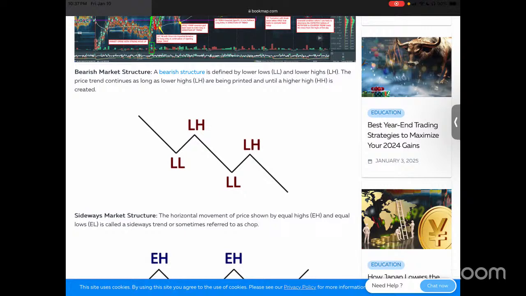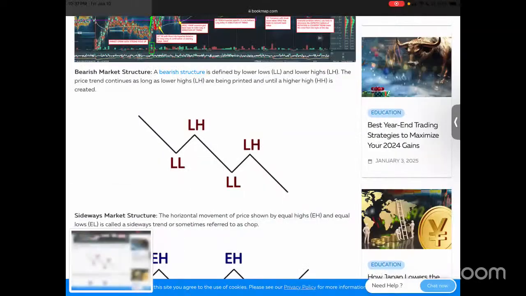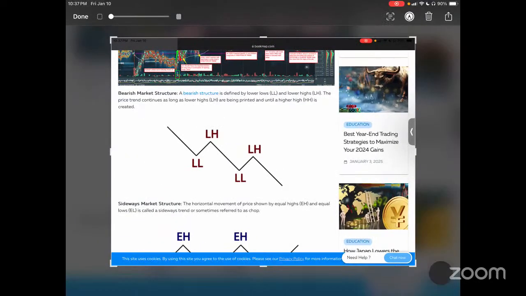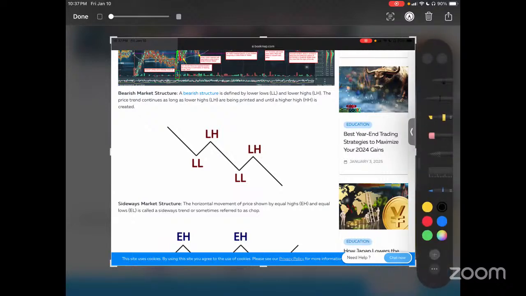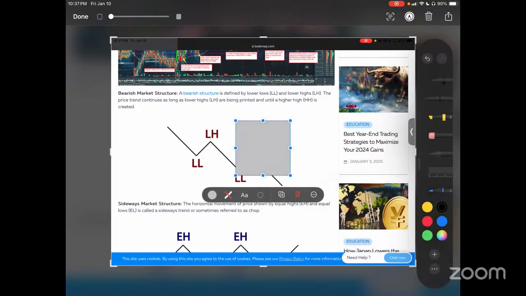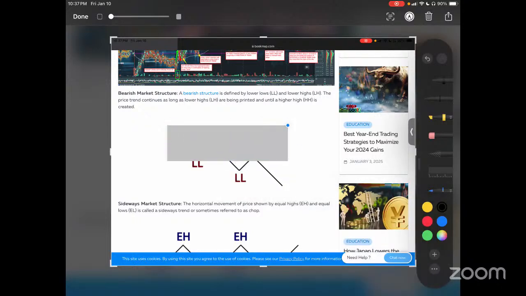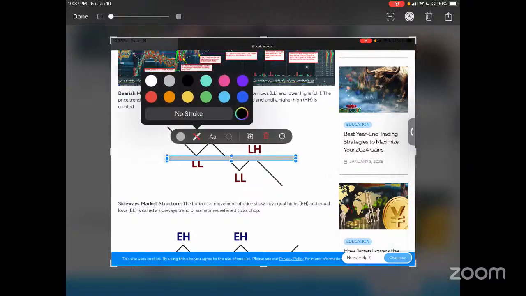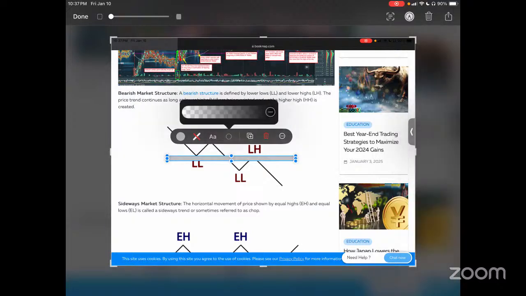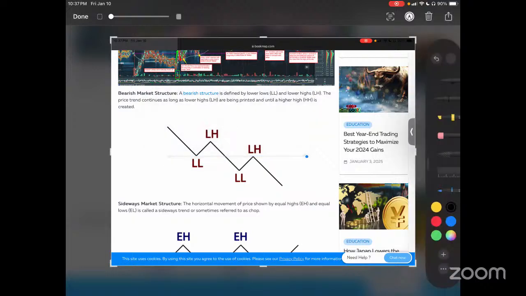So now in this scenario, I want to see the opposite. I want to see support turn resistance.